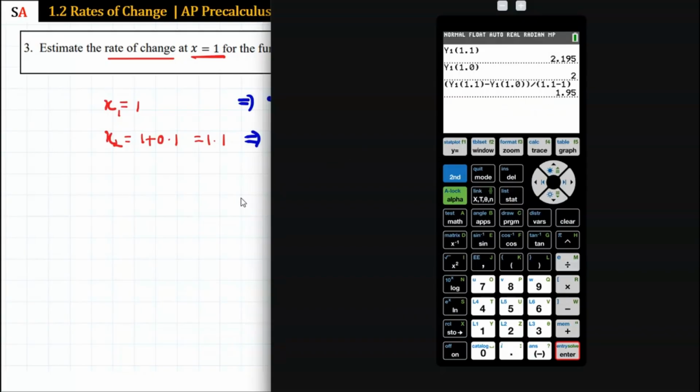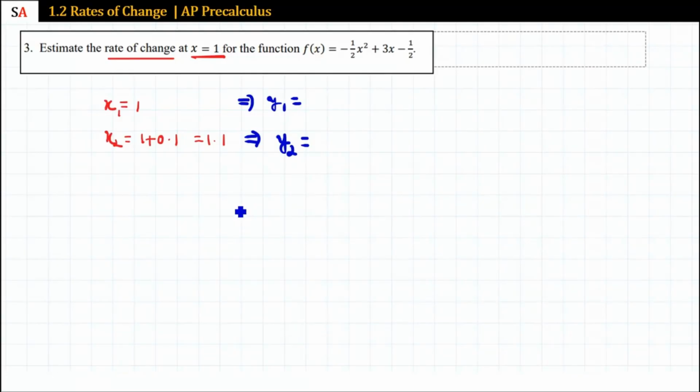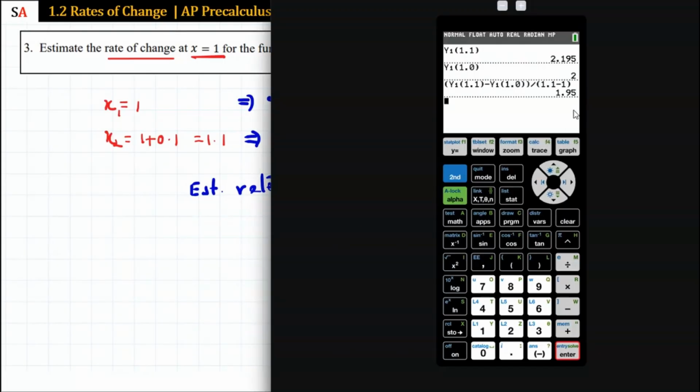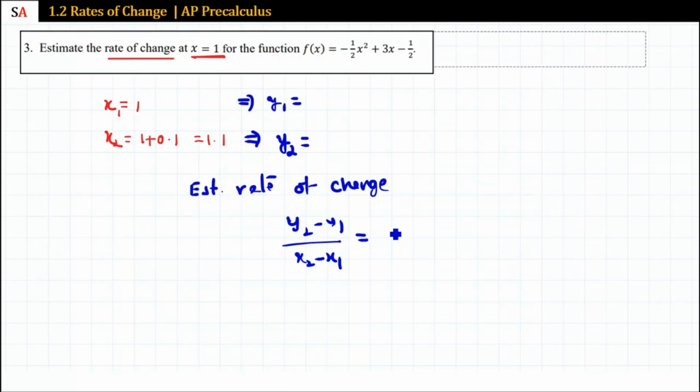So the estimated rate of change is y2 minus y1 over x2 minus x1, which is approximately 1.95 from the calculator.